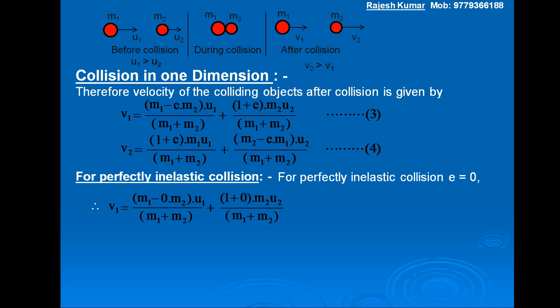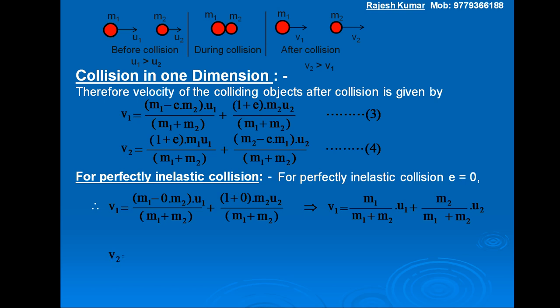Now solving this, V1 is equal to M1 upon (M1 + M2) into U1 plus M2 upon (M1 + M2) into U2. So this is the velocity of the object of mass M1 after collision in a perfectly inelastic collision.